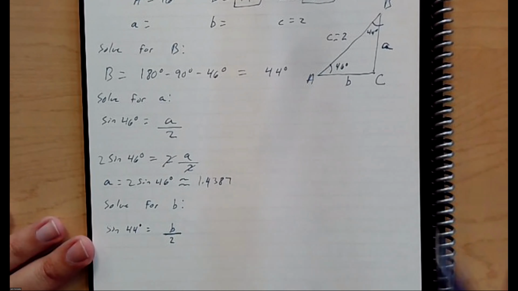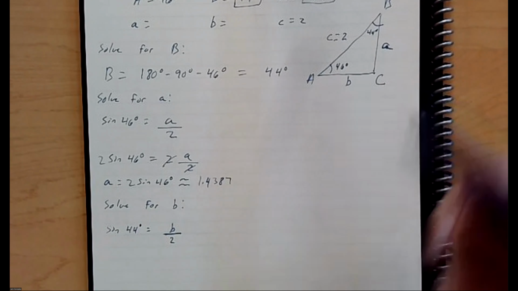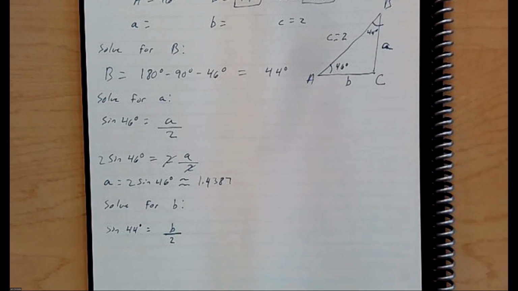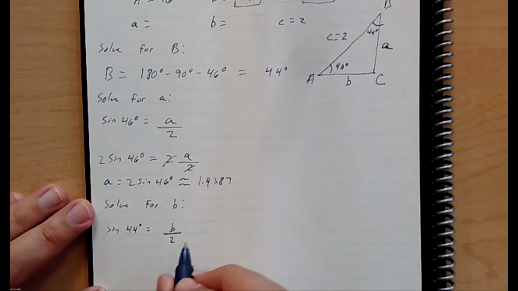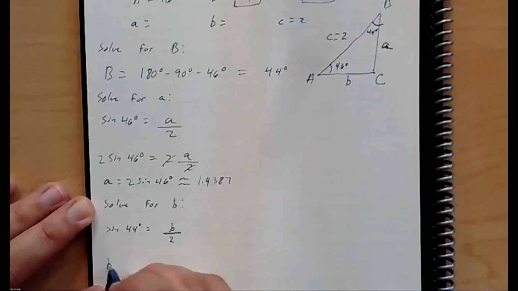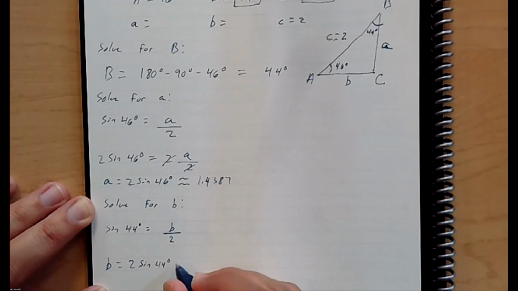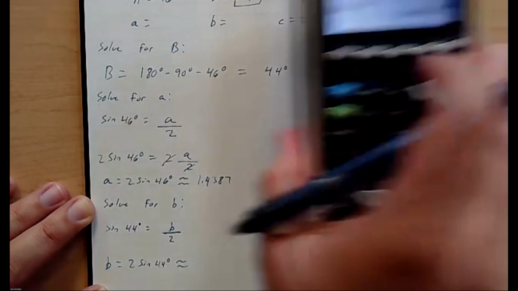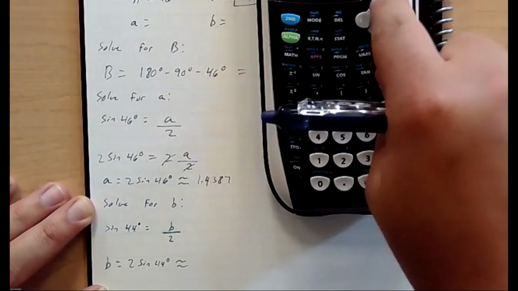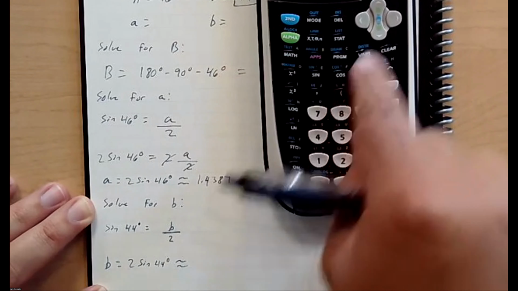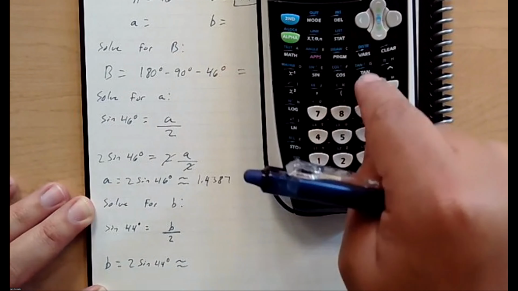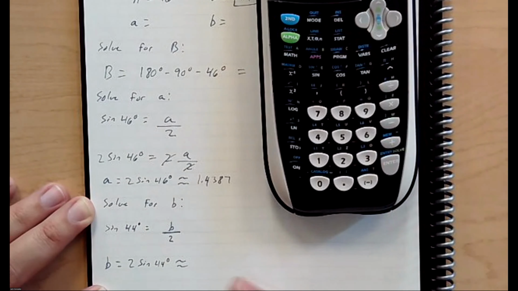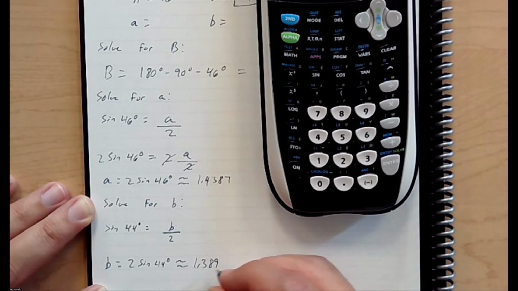So I think drawing the triangle out kind of helps, right? So just do it whenever you want. I'll skip a minor step. B will be equal to 2 sine 44, which is approximately 1.3893.